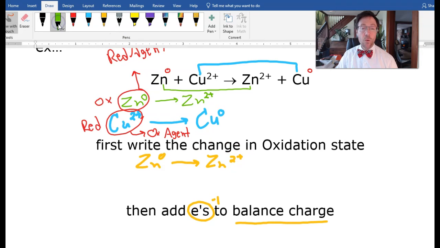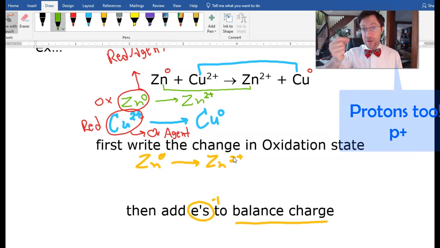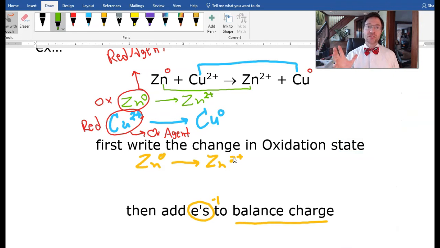The question is, what side do we have to add electrons to make the charge on each side equal? Because we have to honor conservation of charge. That was in the very first day of the notes, way up top. Charge comes from particles, from electrons, and they don't magically appear or disappear. So in a half reaction, or really any reaction, the charge that you start with has to be equal to the charge that you end with. Do you guys understand?